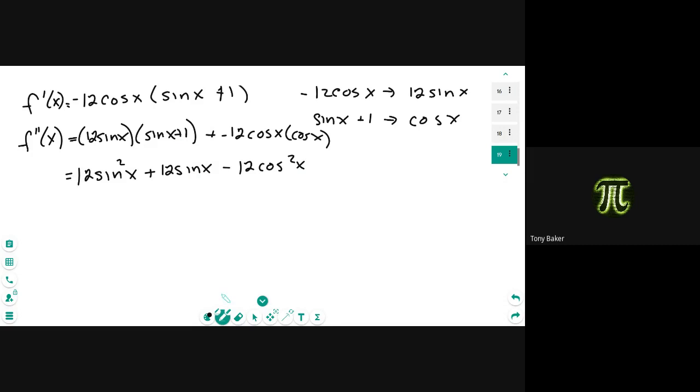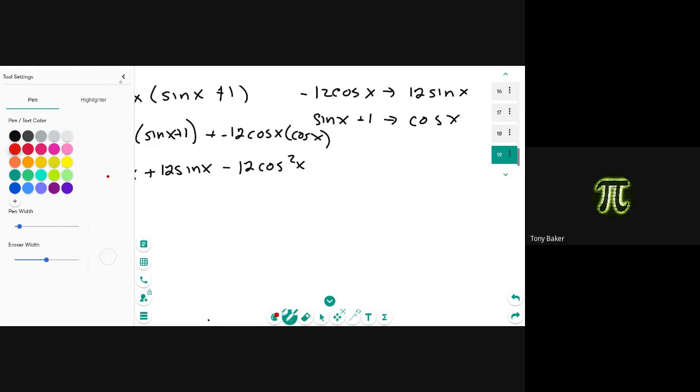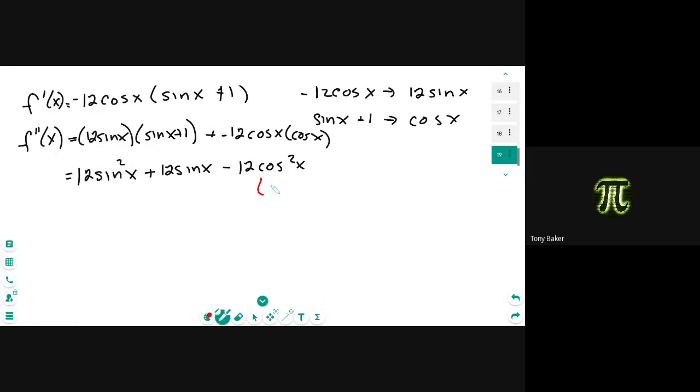Right now I've got sines and cosines in this problem, which is going to make a mess to try to figure things out. So let's change the cosine to sine, because I have more of those. We're going to change that cosine squared to 1 minus sine squared x.